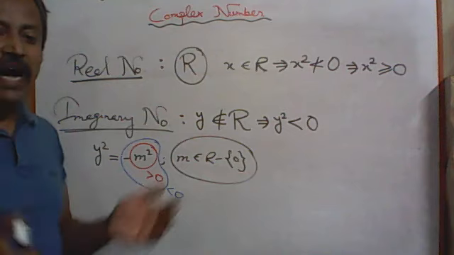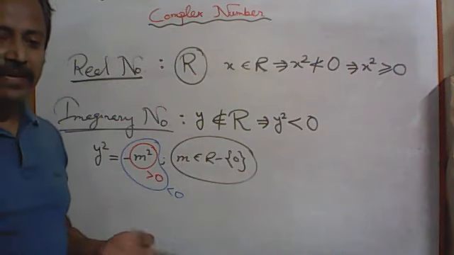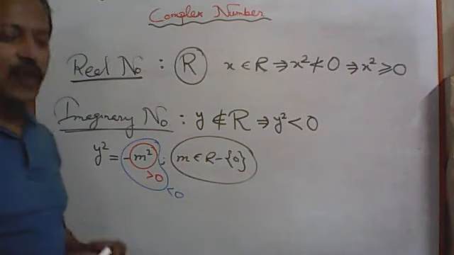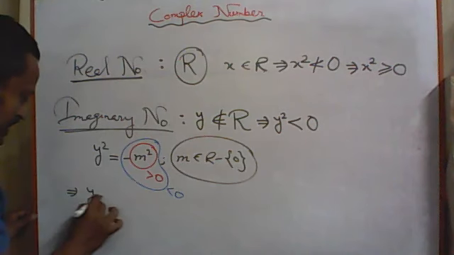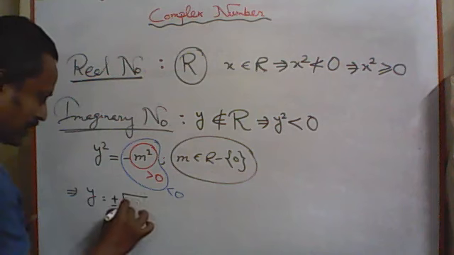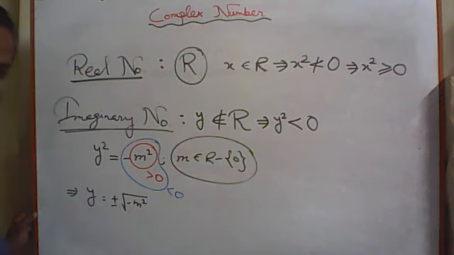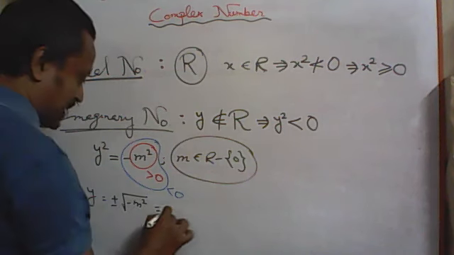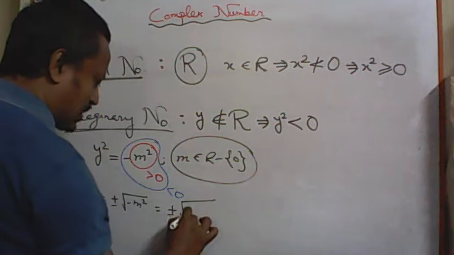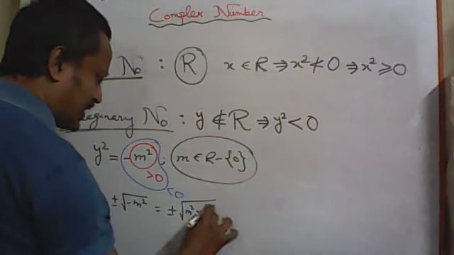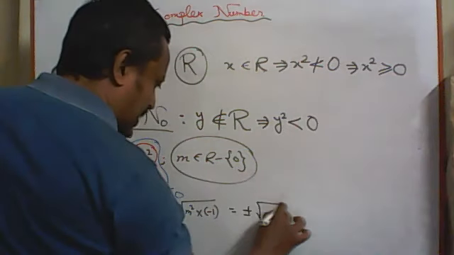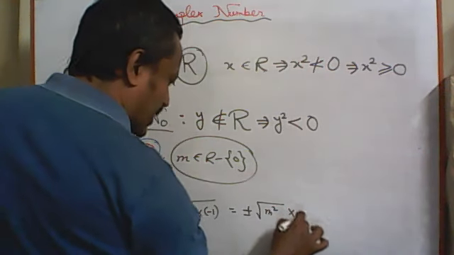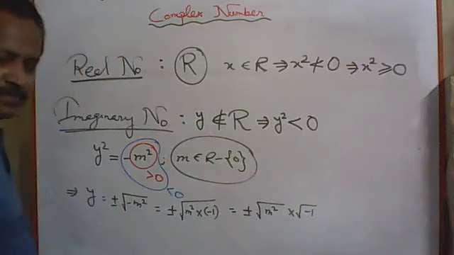Now what is y? This is y square. How can we express y? Let us follow these steps. Here y equals plus minus root under minus m square. Clear? That equals plus minus root under m square into minus 1. Right? That equals plus minus root under m square into root under minus 1.